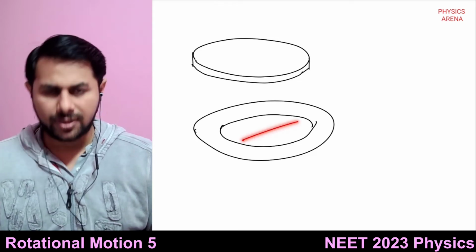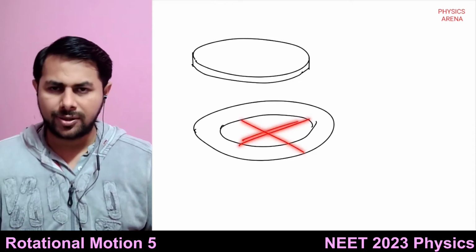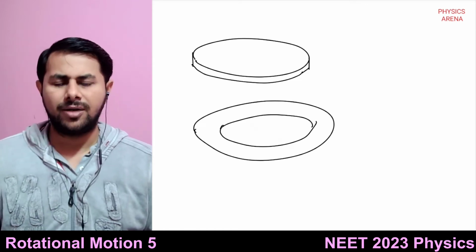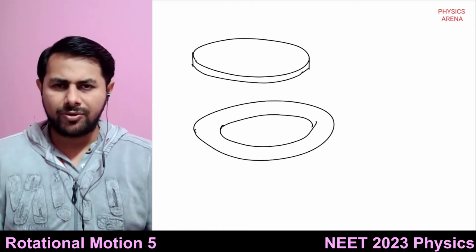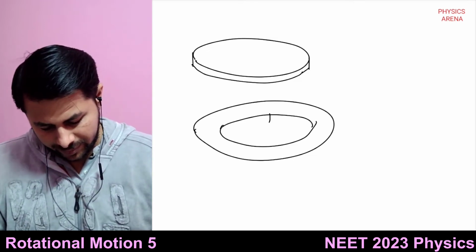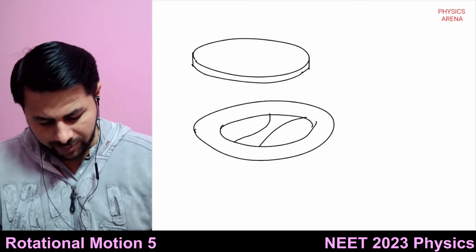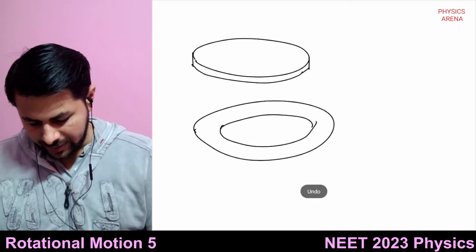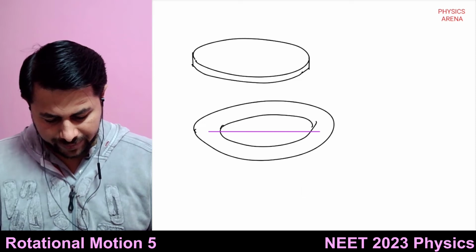If it is a bicycle wheel, it will have spokes, right? And if it is a car wheel, then there will be some kind of alloy. So for simplicity, let's suppose it is just a bicycle wheel.